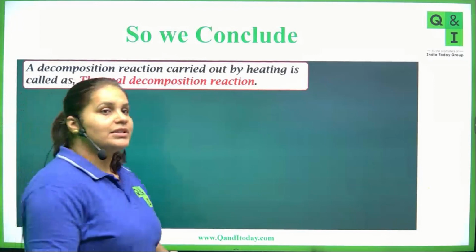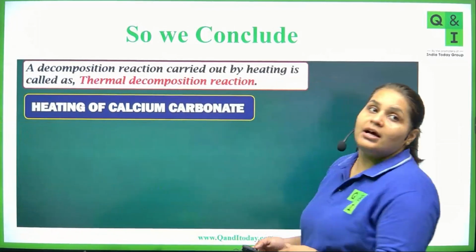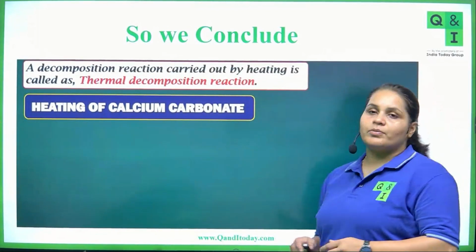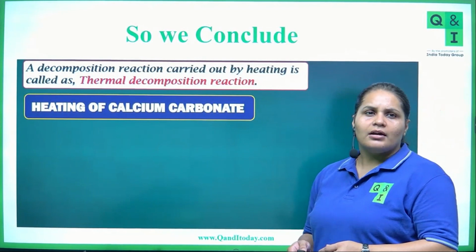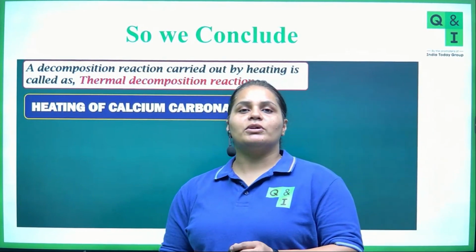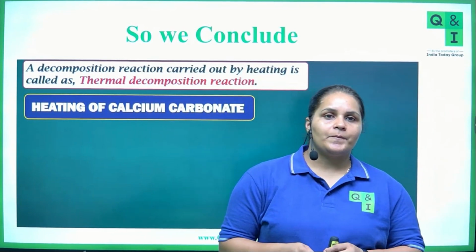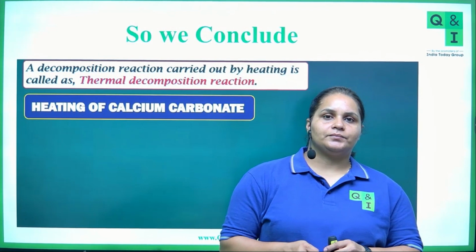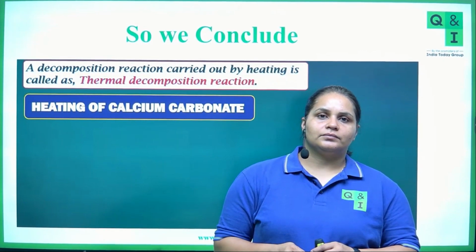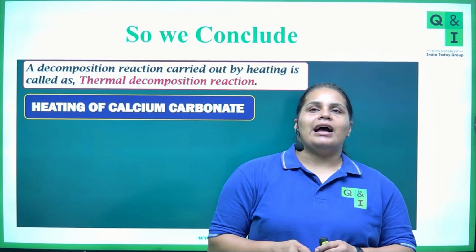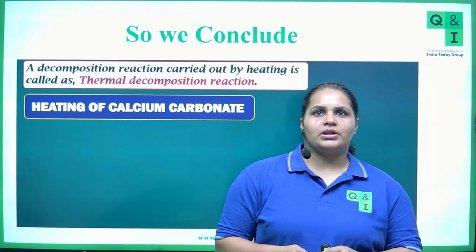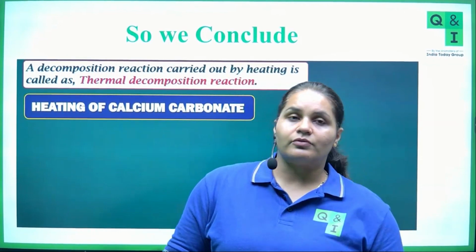And we have seen different examples. The first one, thermal decomposition of calcium carbonate, where the products were, what were the products? Calcium oxide and carbon dioxide. Exactly. And what was the test to detect CO2?